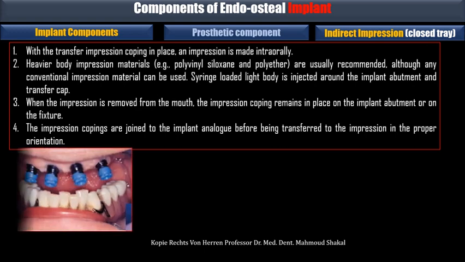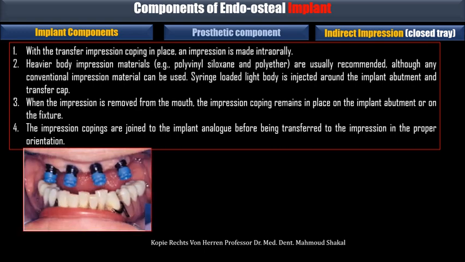With the transfer impression coping in place, an impression is made intraorally. A heavier body impression material, polyvinyl siloxane and polyether, are usually recommended, although any conventional impression material can be used.